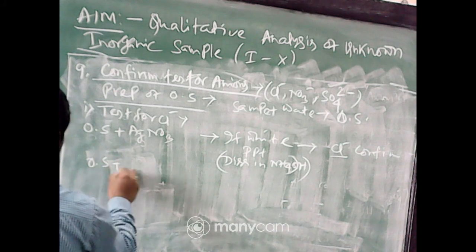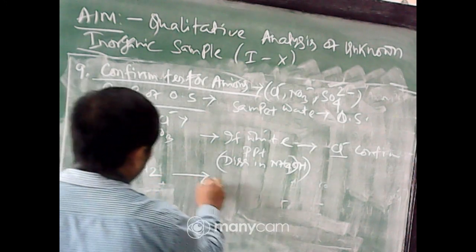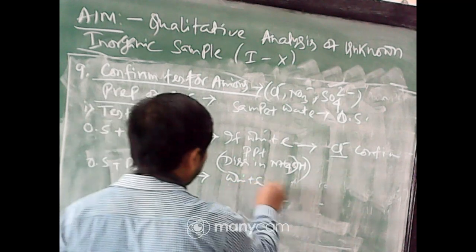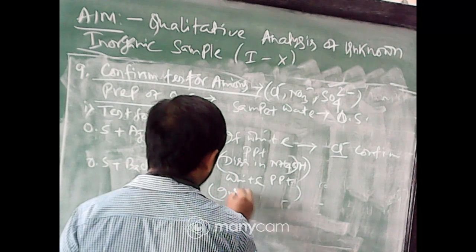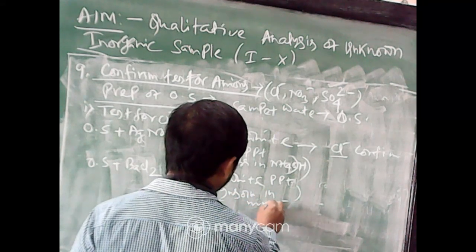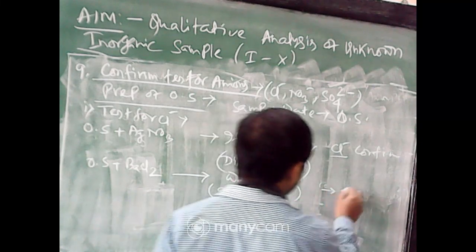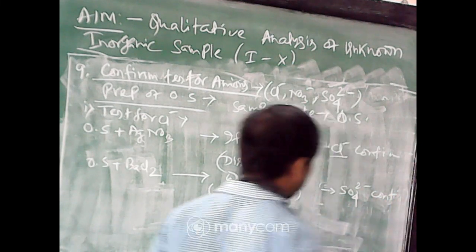OS plus barium chloride solution gives a white PPT. If the white PPT is insoluble in mineral acid, that means sulfate is present, SO4 minus confirmed.